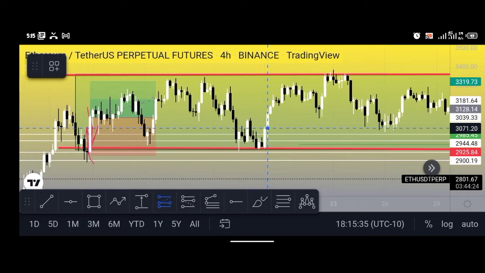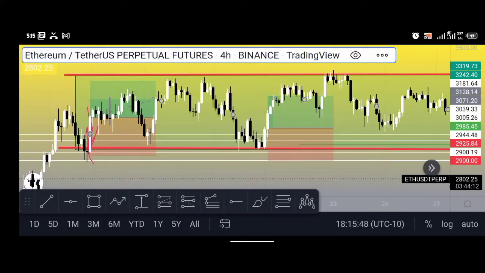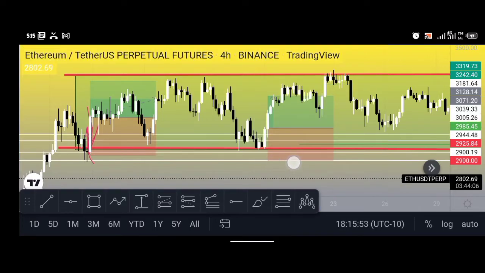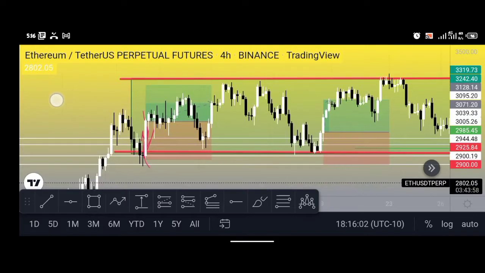You click it, and you see it is 1 to 1 risk reward ratio, and it is above my support level. See it. It's above my support level, and it gives me a good risk reward ratio.